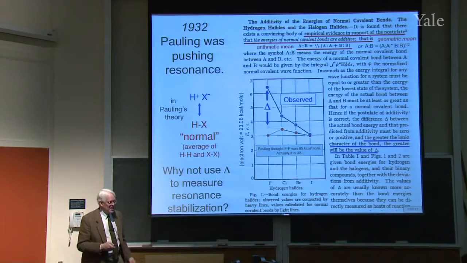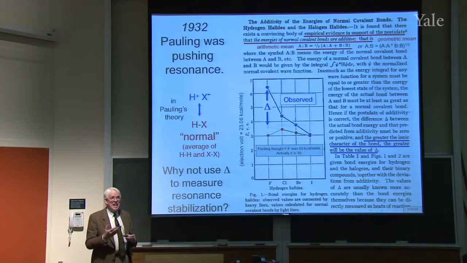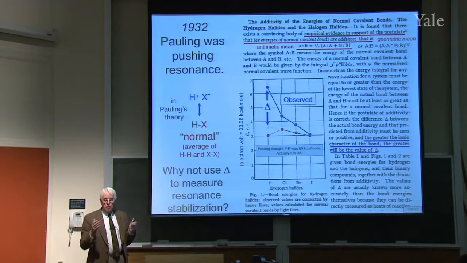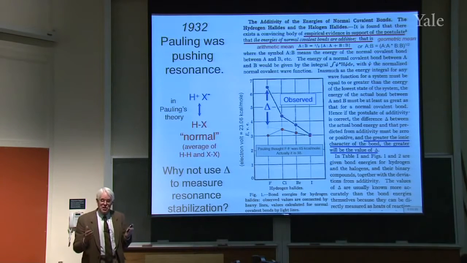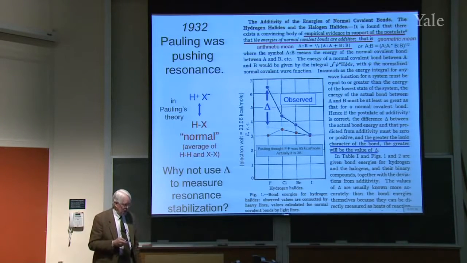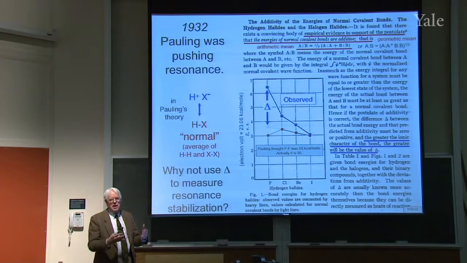So you can measure resonance stabilization by delta if you adopt his assumptions that normal bonds are the average, right? And now you measure these, and then the difference tells you how important resonance stabilization is. And then you try to see if there's something you can correlate to predict how important resonance stabilization should be.